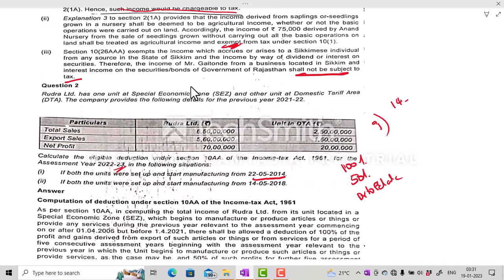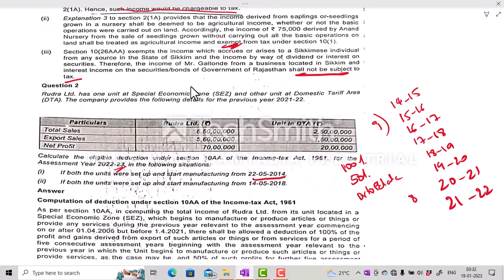So 14, 15, 15, 16, 16, 17, 17, 18, 18, 19, 19, 20, 20, 21, 21, 22. So these are all previous years. So assessment year will be 22, 23. 1, 2, 3, 4, 5, 6, 7, 8. 8th year. So it comes under 50%.